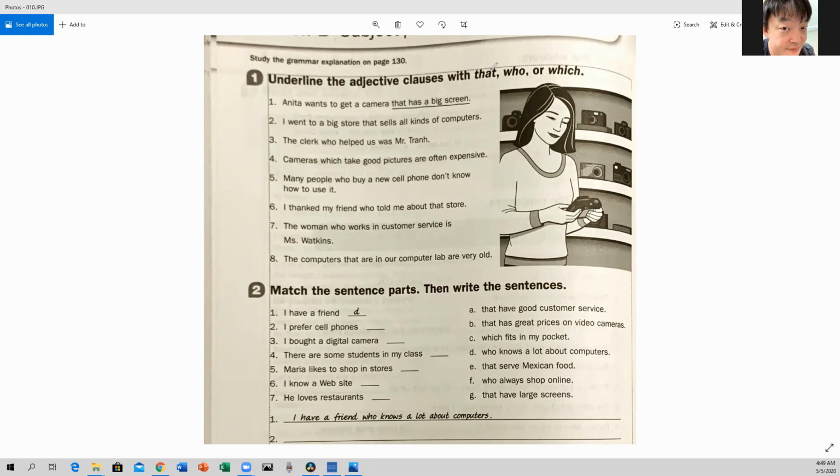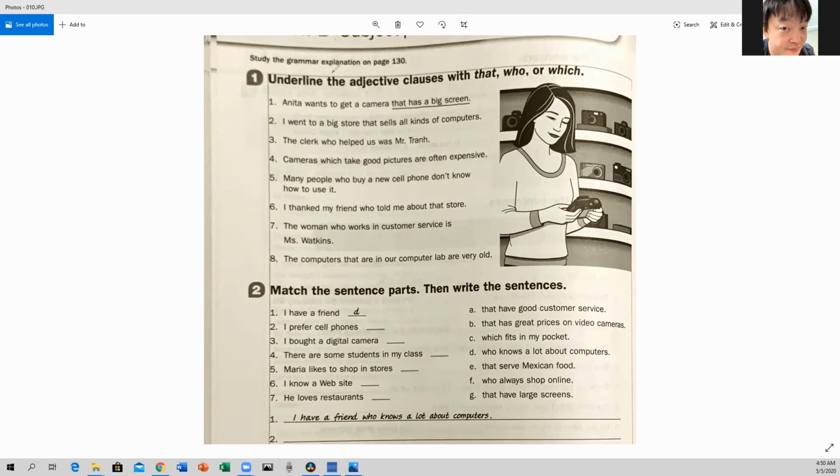So what do you have to focus on? I don't want you to focus on what is an adjective clause and try to memorize all these difficult terms. Remember that the purpose is to improve your conversation, and all the grammar that we are learning serves the purpose of making you a better English speaker.